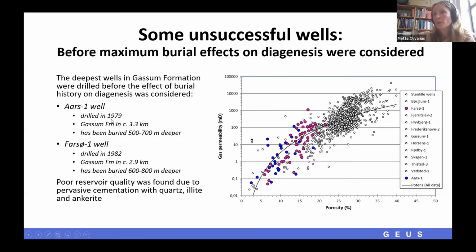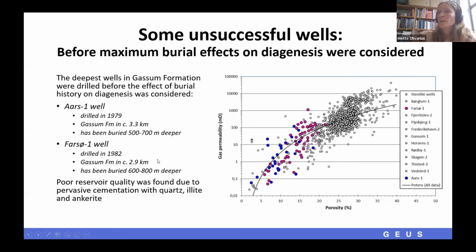So the Orset well was drilled here in 1979 to a depth of 3.3 kilometers. But they didn't know that the sediments had actually been buried much deeper, maybe as much as 4 kilometers depth before uplift, which is really critical for the reservoir quality because that will enhance quartz overgrowth and other processes a lot. So they found really poor reservoir quality.